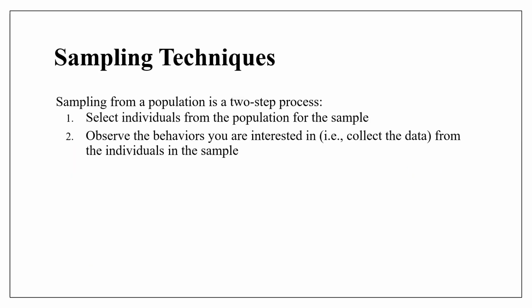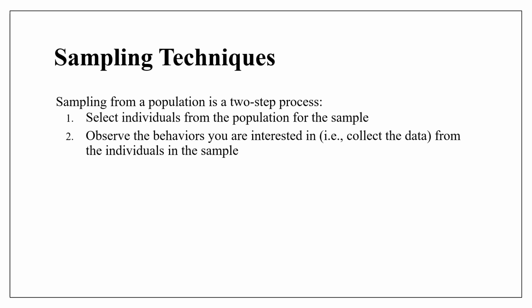So now we're getting into sampling techniques, or specific ways in which we select participants to be part of our studies. Sampling from a population is a 2-step process. The first one is that we need to select individuals from the population for the sample. And then the second one is that we're going to observe the behaviors that you are interested in.